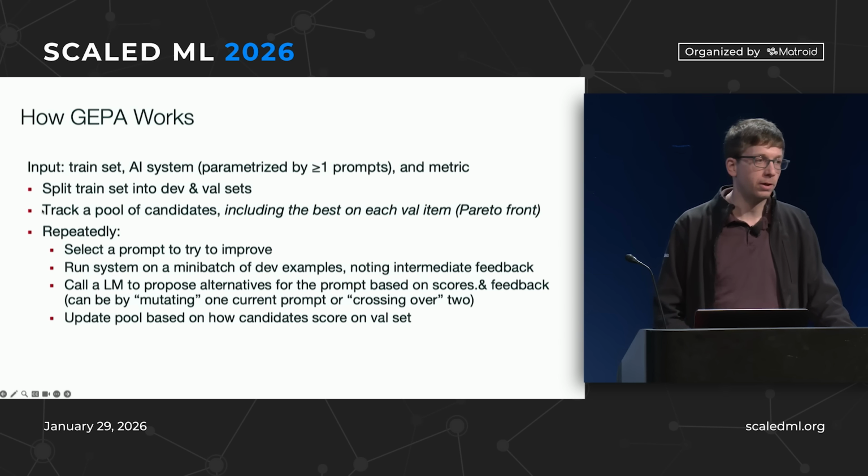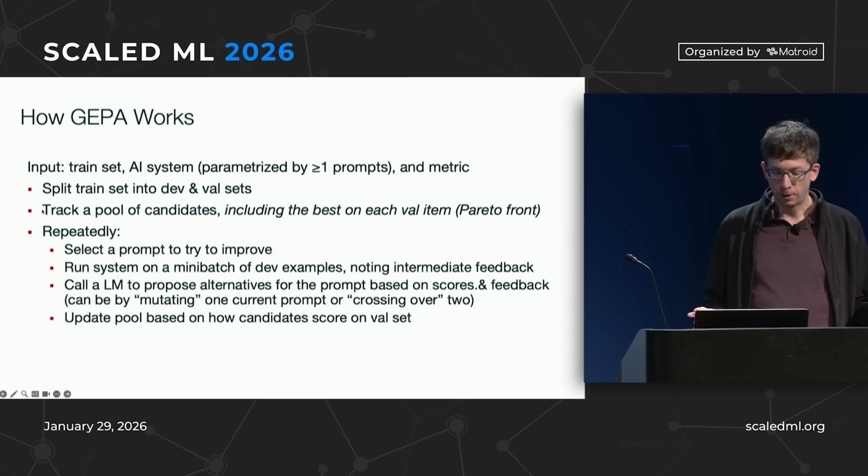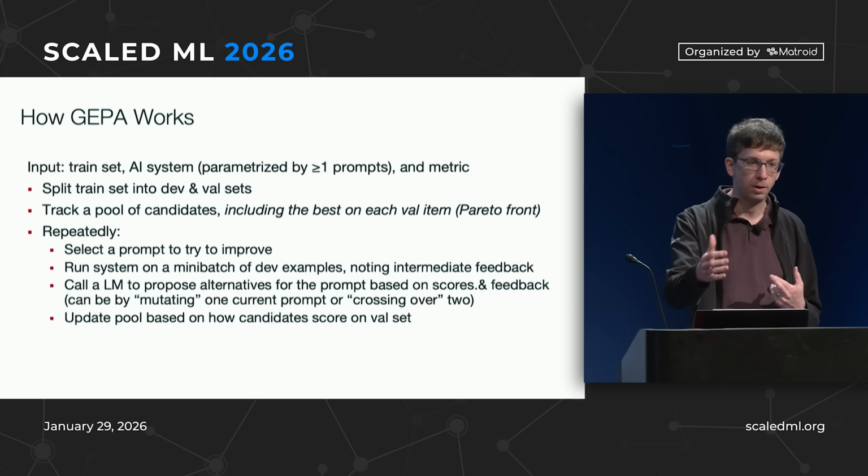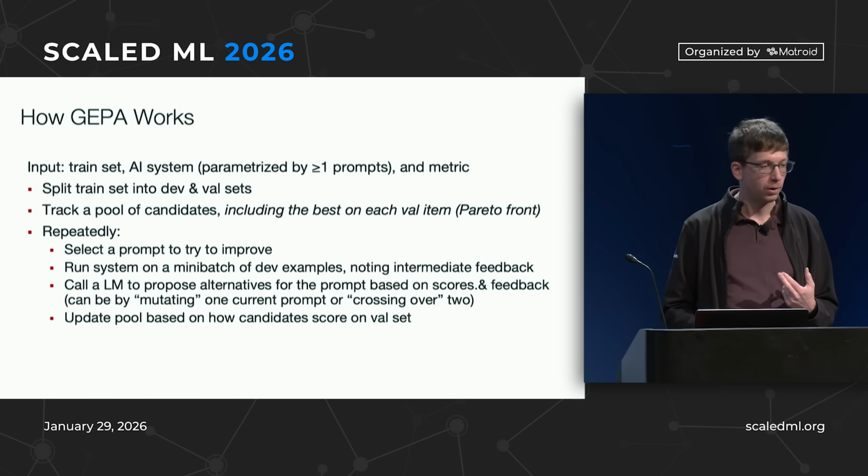And then basically it has these candidates. And we repeatedly take a prompt we want to improve, take some examples from the dev set, run them through the agent, log all the traces and any feedback, and then ask a language model, can you look at these, think about it and suggest changes to the prompt?